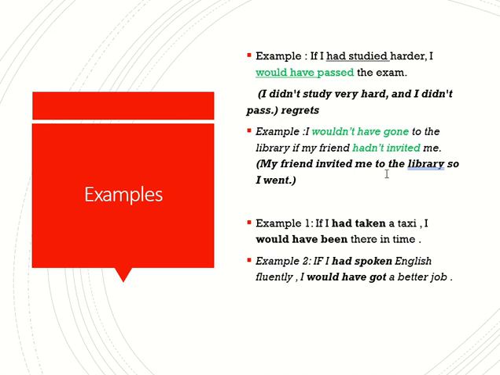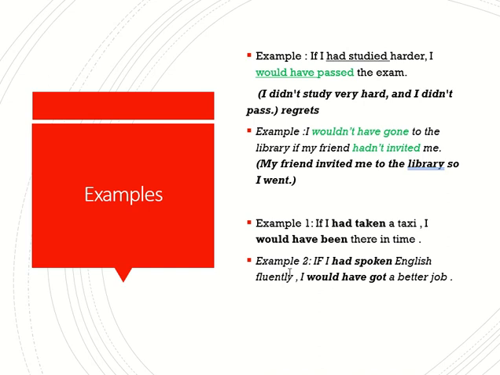Okay, so example 1, look at these examples. We have 2 examples. If I had taken a taxi, I would have been there in time. So here I'm talking about the past. So I didn't take a taxi, so I wasn't on time.